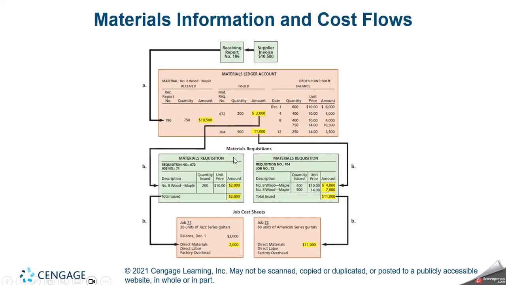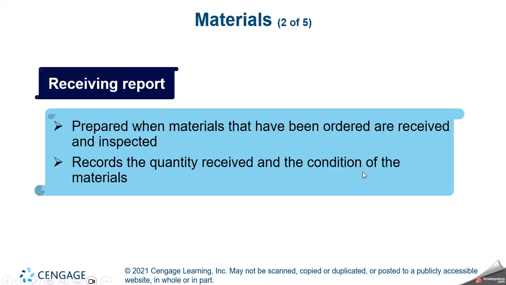So here they show you examples of, okay, here we have the general ledger account, materials coming in, then materials are going out through this material requisition, going to specific jobs. So job 71, job 72, and then we're going to go to the job cost sheets where we'll see that material go in, but then we'll also start to see the labor, and then overhead will eventually be applied to that as well.